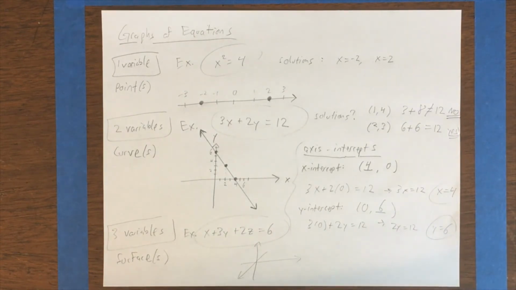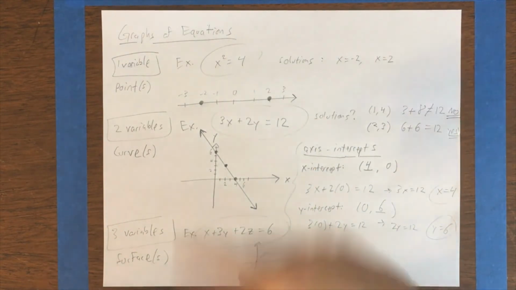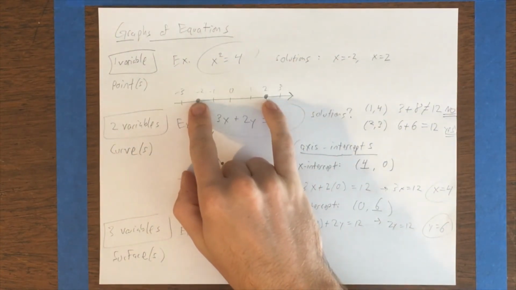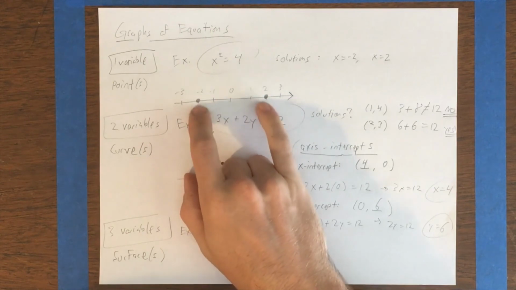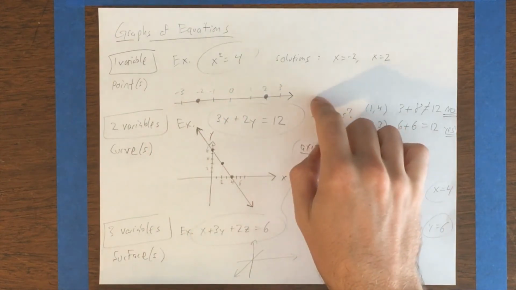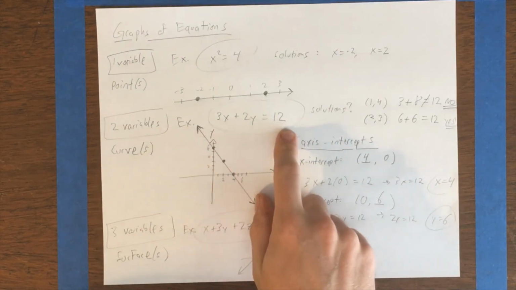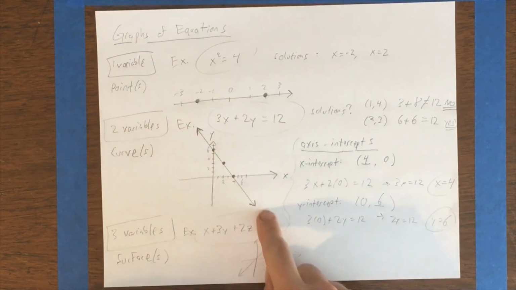So that's what you get from graphs of equations as you go up, introducing more and more variables. And it's a neat thing here. If you have one variable, you get this 0-dimensional object, which is in a 1-dimensional space. The points are 0-dimensional, but they're on a 1-dimensional number line. The curve for an equation of 2 variables is a 1-dimensional thing, right?